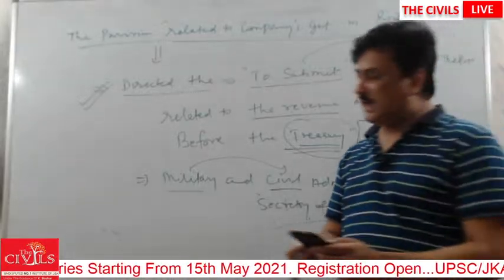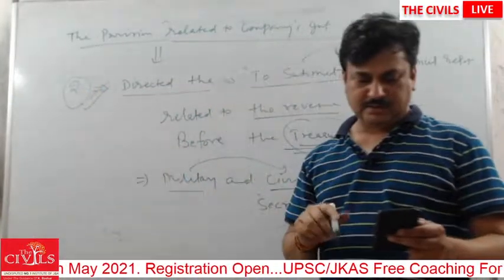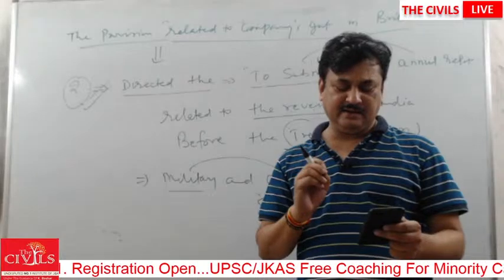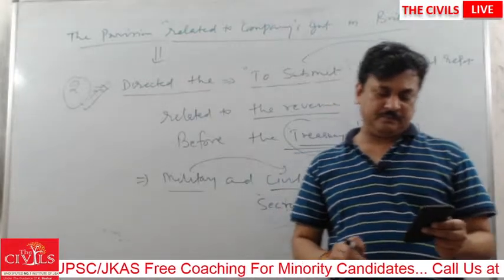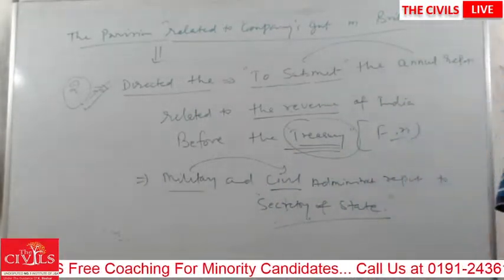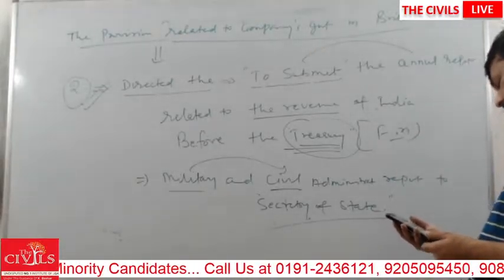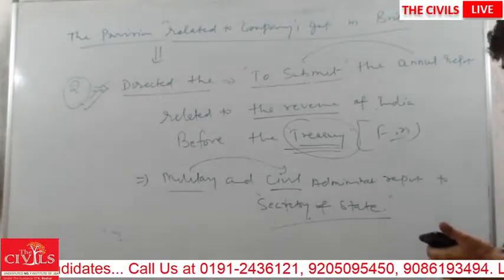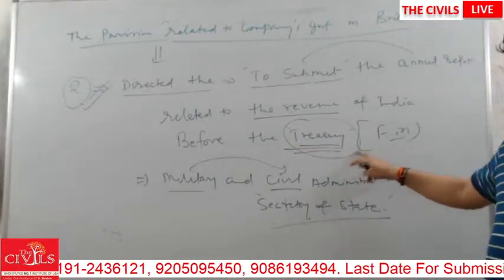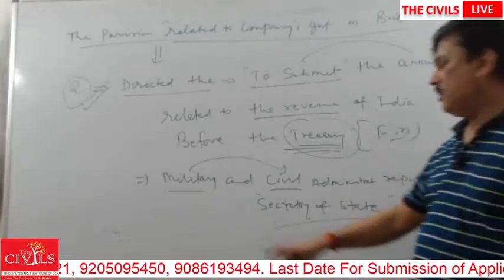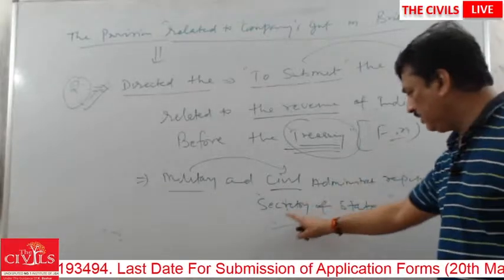Now the second provision: every year the directors had to submit the reports related to the revenue of India before the Treasury, and second, the annual report related to military and civil administration of India before Secretary of State.